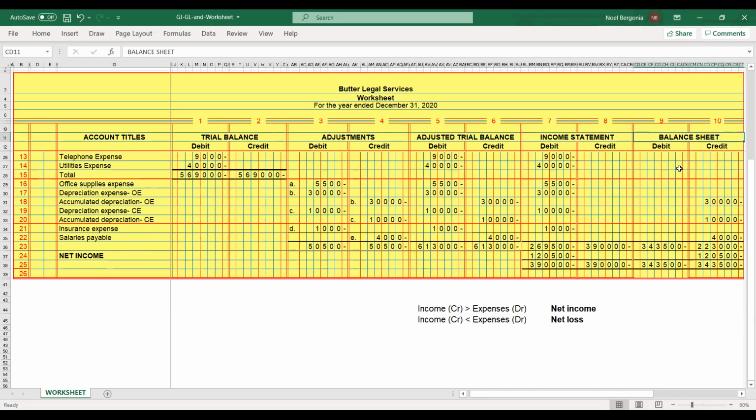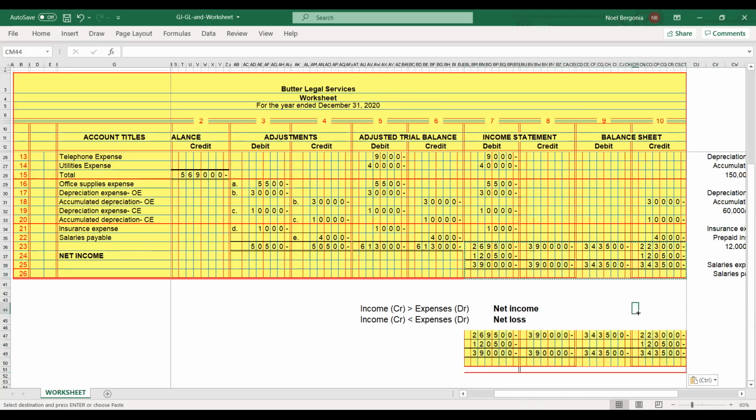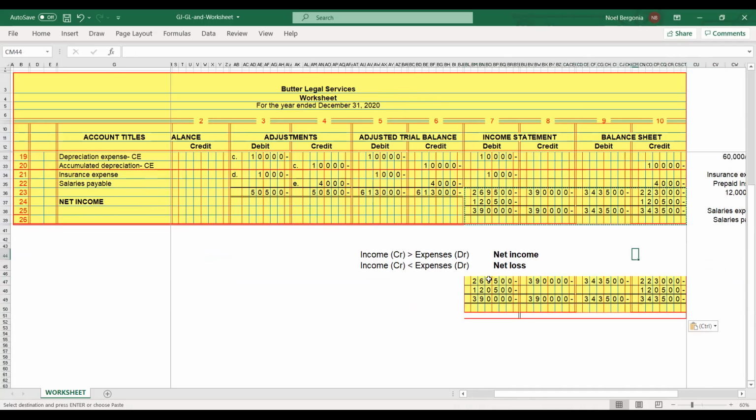Sige. So, sir, paano kaya kung halimbawa, no? Can you give us an example? Paano kung net loss? Okay, gagawa ko lang ng mini worksheet dito sa baba na ipapakita ko lang sa inyo itsura kung paano just in case. So halimbawa, ganito yung nangyari. Sa income statement, mas malaki yung expense.